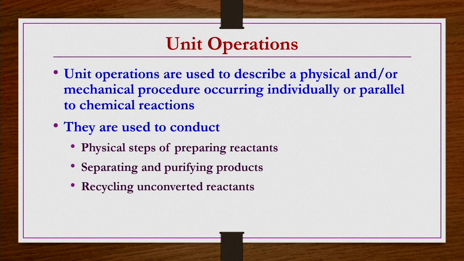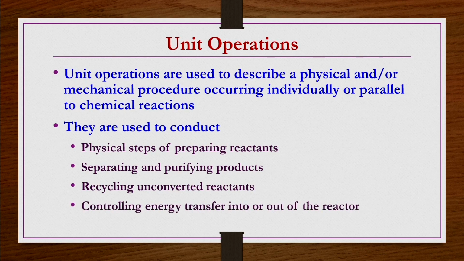And then in the reactor or in other unit operations in general, energy is involved. Energy may be going in or going out of the unit process or unit operation. So the controlling of energy into or out of the reactor, or for any given unit operation, should also be taken care of by the unit operation. So these many important things are there for the unit operations.